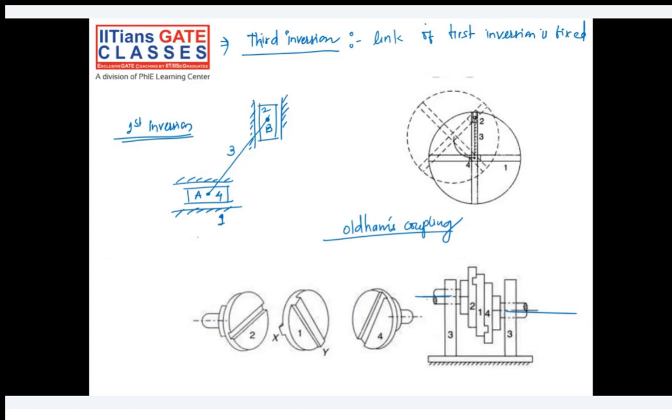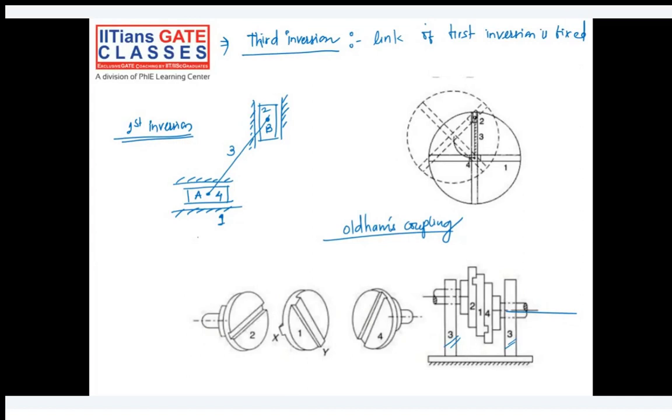So these are the hole slots we are providing, and here we are providing extension on link number 1, and that will fit into link 2 and 4, and ultimately we will make a coupling out of it. So this is more or less similar to this. We are fixing the link number 3, and 1 and 4 are in connection, and 2 and 1 are also in connection with each other, and that is achievable by this. So this is a very good example or application.